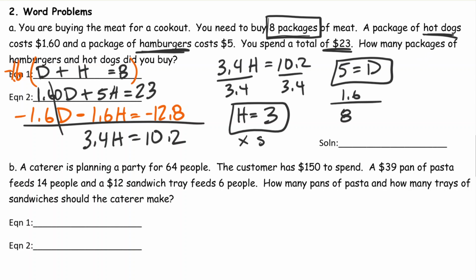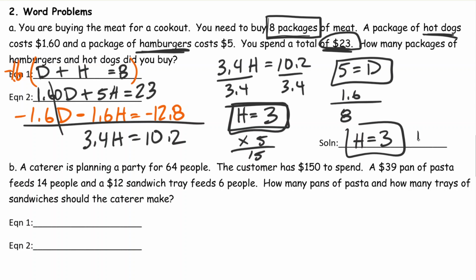And hamburgers are $5, and that makes 15, and 15 and 8 makes 23. So we're okay. The numbers didn't come out quite as evenly as we wanted them to, but we had 3 hamburgers and 5 hot dogs.